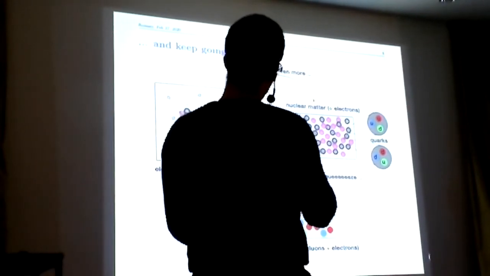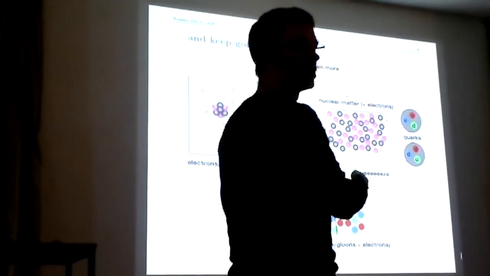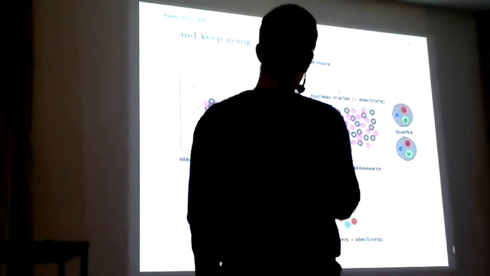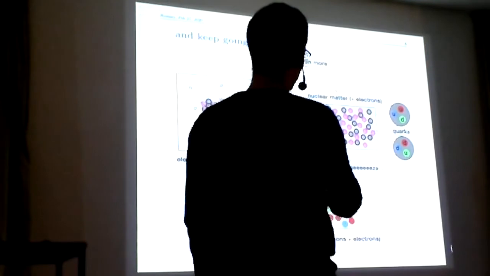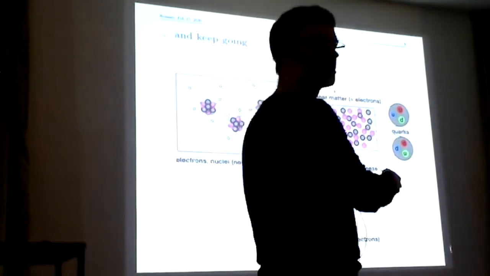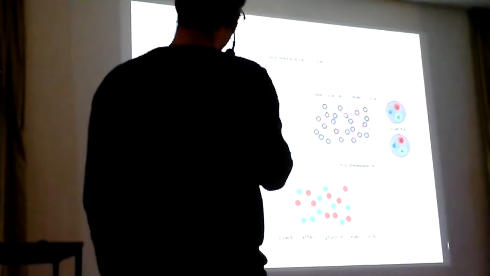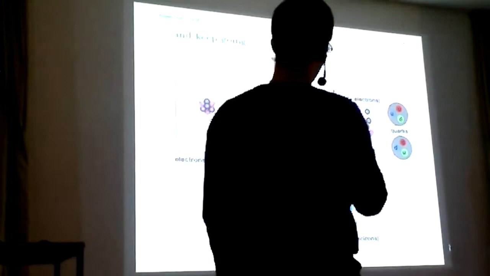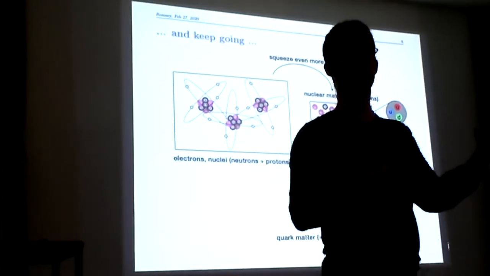And suppose I keep squeezing until even the nuclei overlap, right? So all of a sudden, if I'm a neutron here, I don't know anymore whether I belong to this nucleus or to this one. So it's rather a soup of neutrons and protons and electrons, rather than the structured objects here. Notice that I could have started from any material, because I lose the material properties.